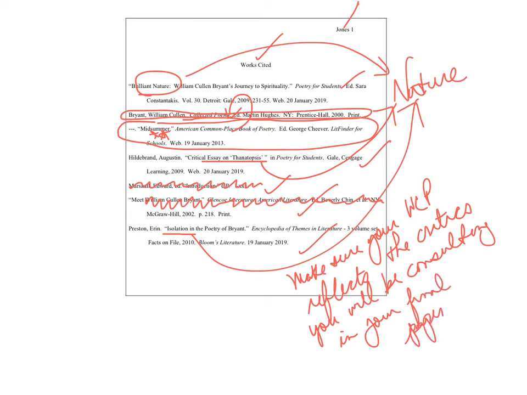And how many do you need total? You just need 3. And hopefully what you will do with those 3, one critical commentary, let's say, per poem.